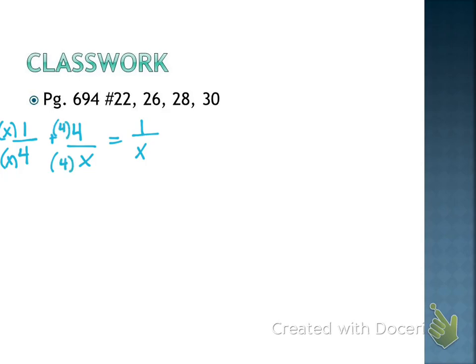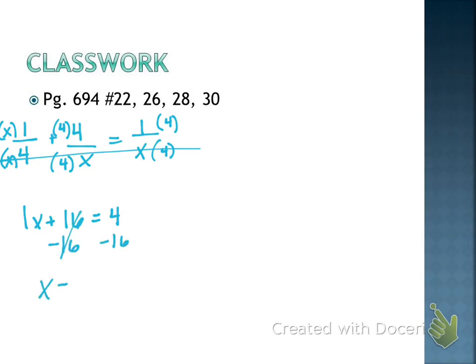What do I need to multiply by the third? 4. All right, cancel out our denominators, and I have 1x plus 16 is equal to 4. What would I do now? Subtract 16, and I get x is equal to negative 12. That should have been your answer for number 26.